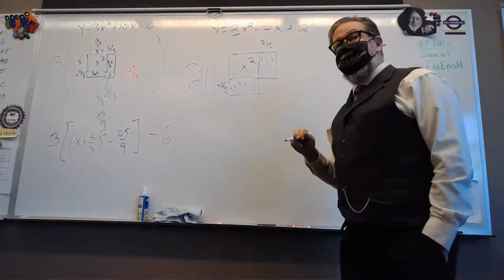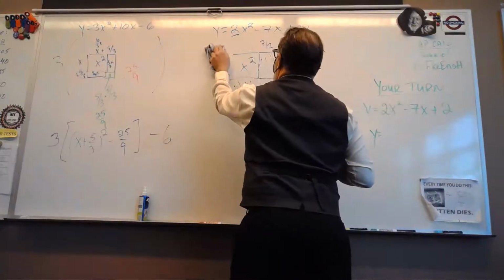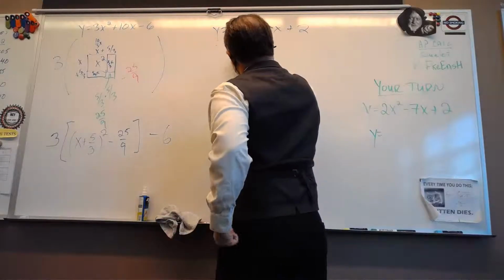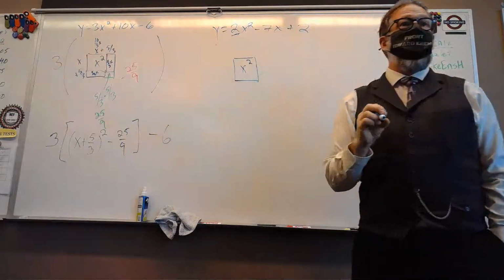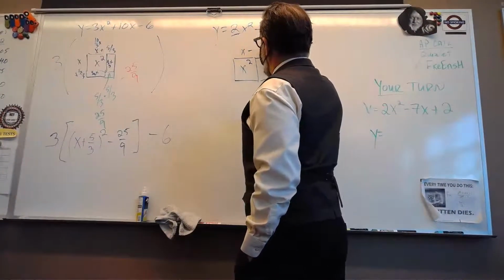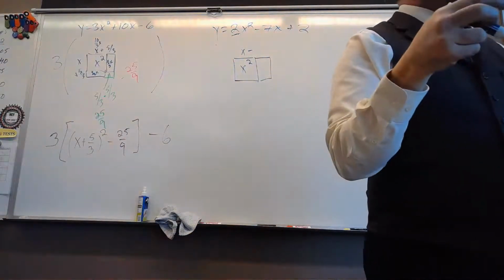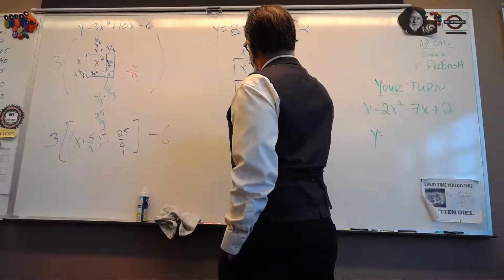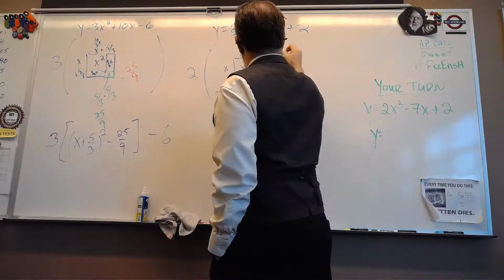Now, again, why am I doing this as a fraction and not a decimal? Well, half of 7 is 3.5. So when I make my square, I could say, well, half of 3.5 is 1.75. Agreed? And I'm making 2 of those.